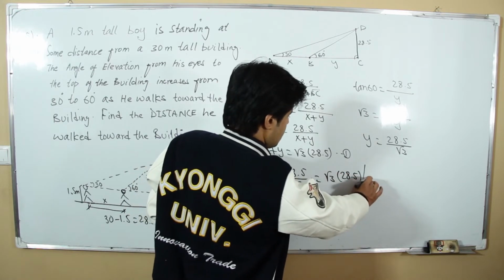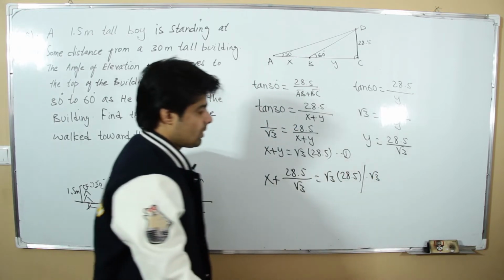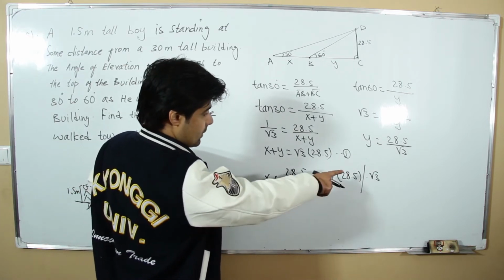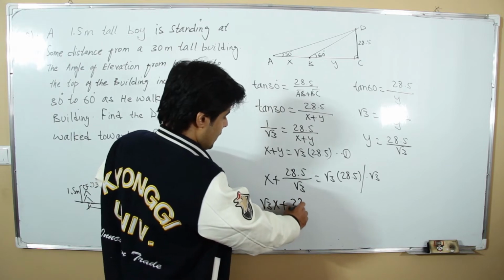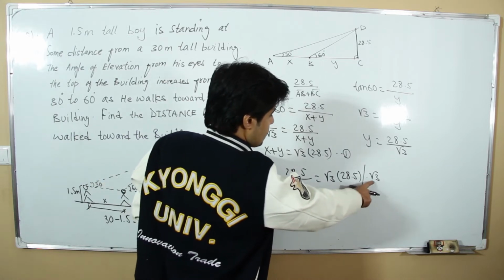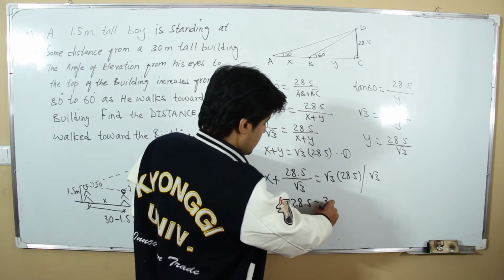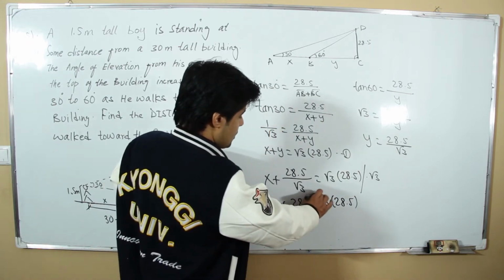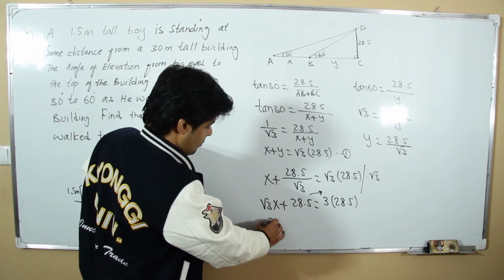Let me multiply both sides by root 3. You will have root 3x plus, this root 3 with this root 3 is cancelled, 28.5. Root 3 with root 3, it's 3. 3 times 28.5. Now put this one to the right side.